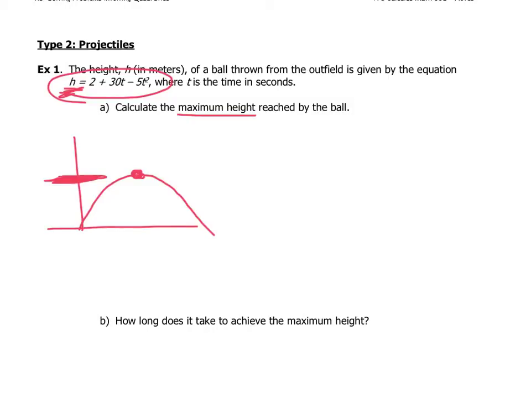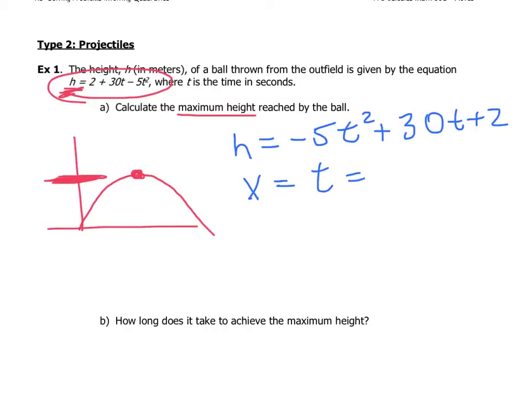Now let's take the equation that we have and rewrite it so that we've got our x squared term, in this case our t squared term, first. So that's what it looks like. Then we figure out what the x value of the vertex is going to be. And in this case here, really what we're solving for is t. So that's the time at which it reaches its maximum height.